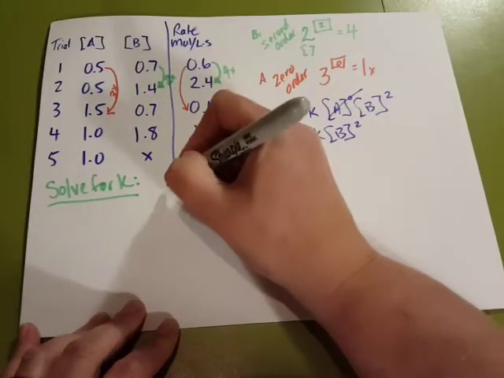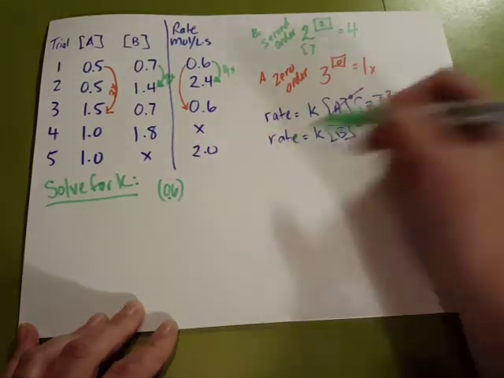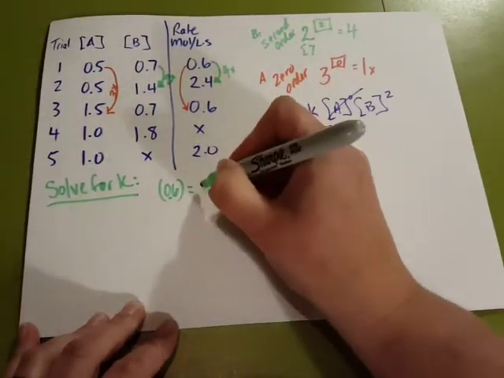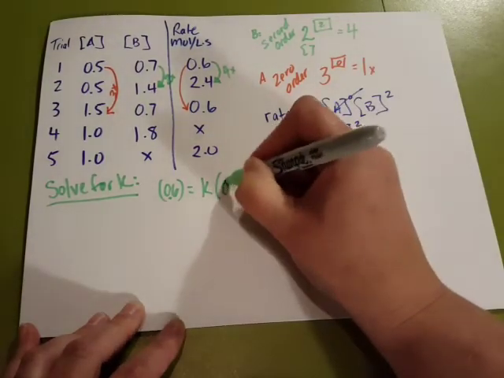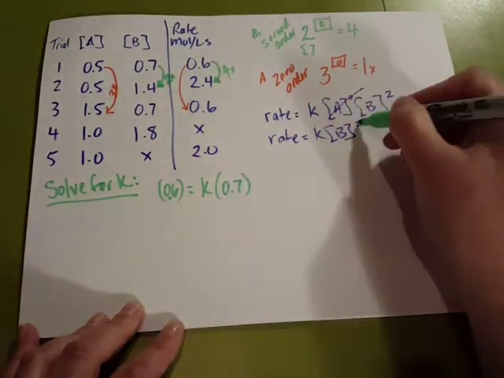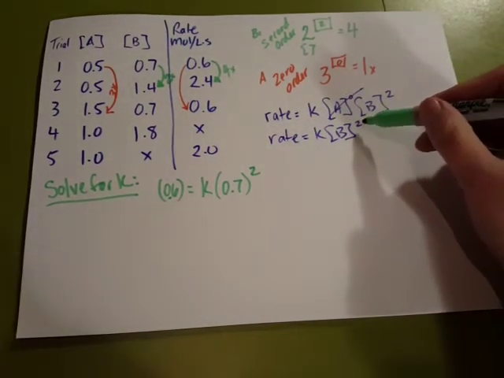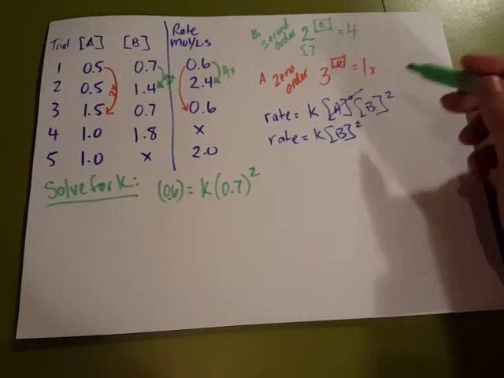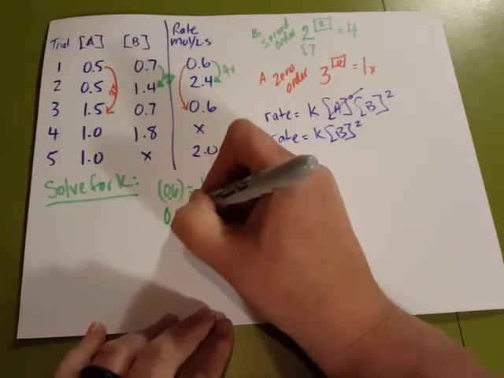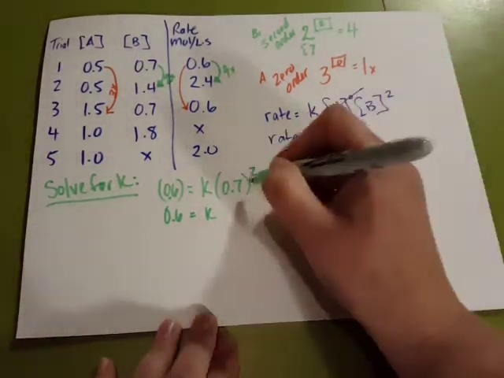The rate is 0.6, so I'm substituting in for rate. K, we don't know. That's what we're trying to solve for. B is 0.7, and it's all to the power of 2. Don't drop your exponents or your orders. That's critical. So we want to expand that: 0.7 times 0.7.